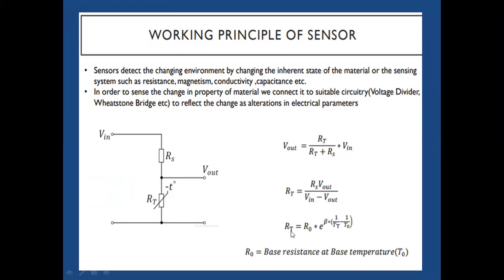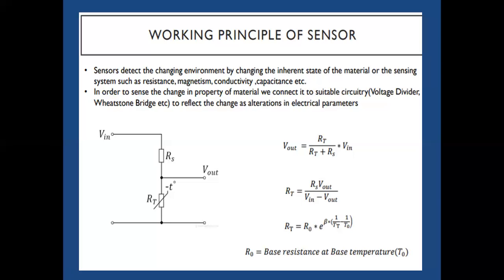The final formula for the sensor will be RT equals R naught times e to the power of beta into 1 by Tt minus 1 by T naught. Here Tt is the transducer temperature, T naught is the base temperature, and R naught is the base resistance. Base resistance is the minimum resistance that a sensor possesses, whatever sensor we have taken, whether it is 1 ohm or 2 ohms.